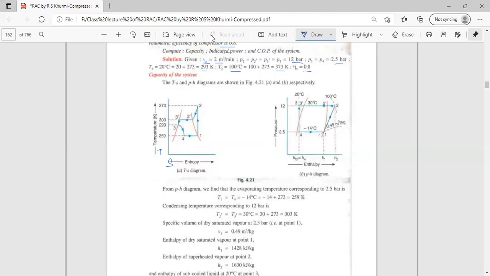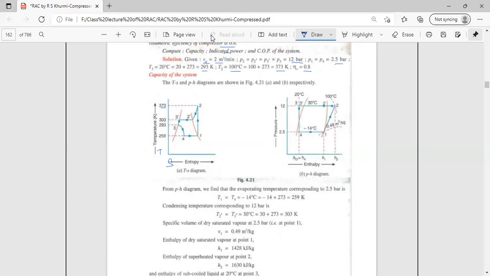From point 2 dash to 3 dash, the high temperature of the system starts from the dry saturated line in the condenser and releases at the wet saturated line in the condenser itself.